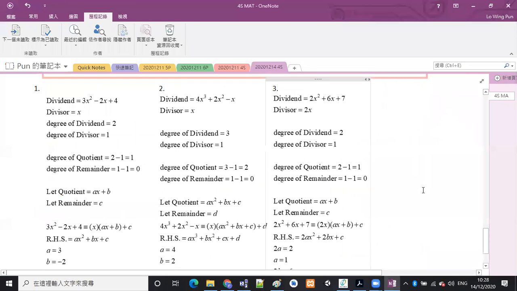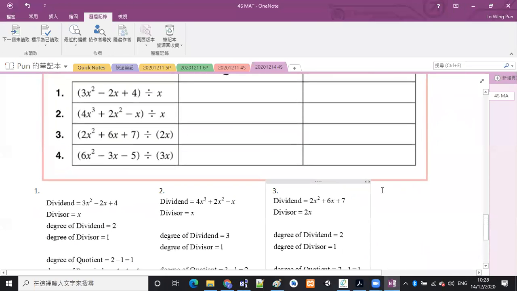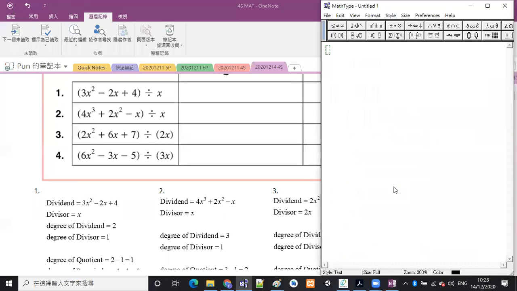Is that okay? Good, look at the last one. So this time the dividend is equal to 6x squared minus 3x minus 5, and the divisor is equal to 3x.